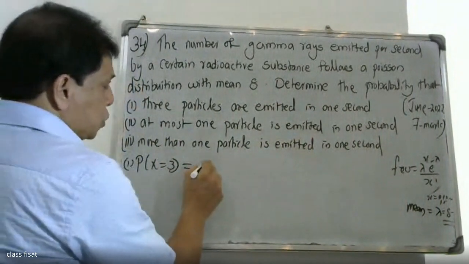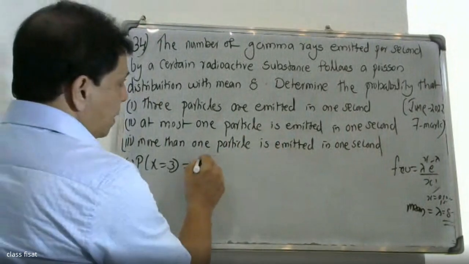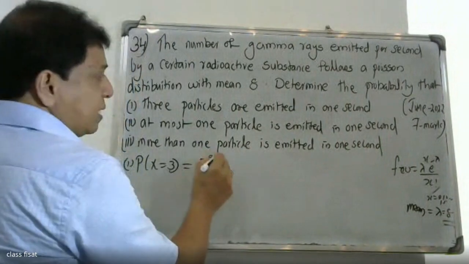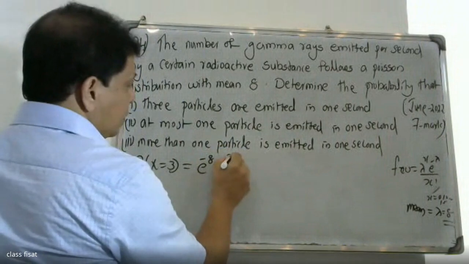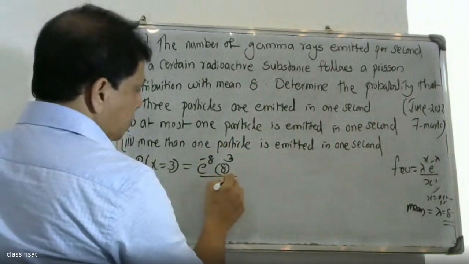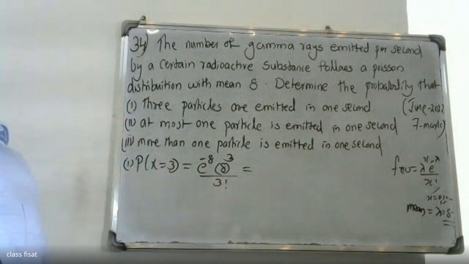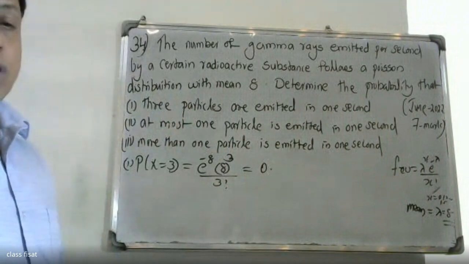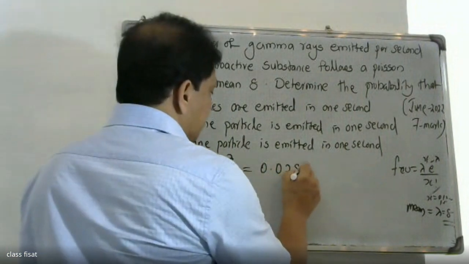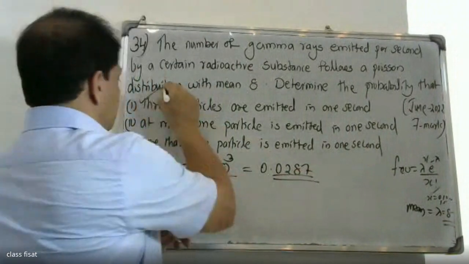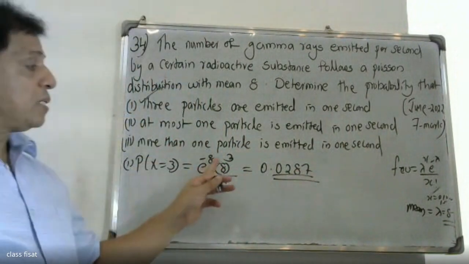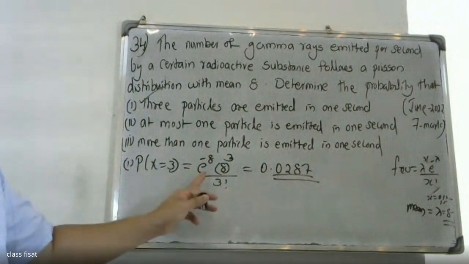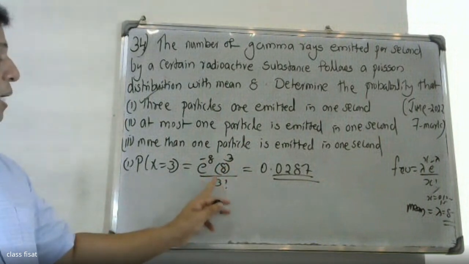Substituting lambda as 8 and x as 3, we get e raised to minus 8 into 8 cube divided by 3 factorial, and we calculate the answer.